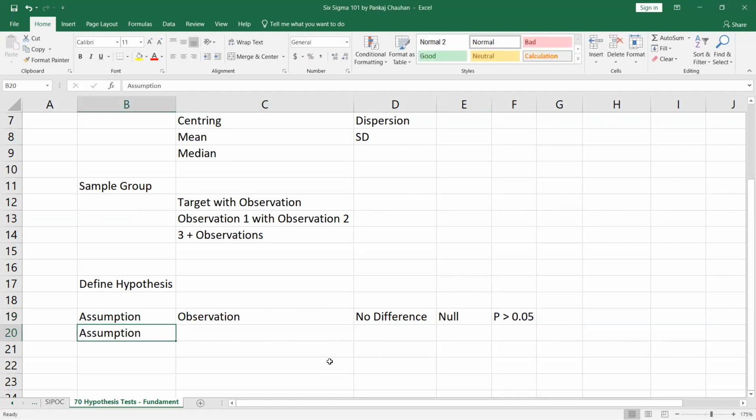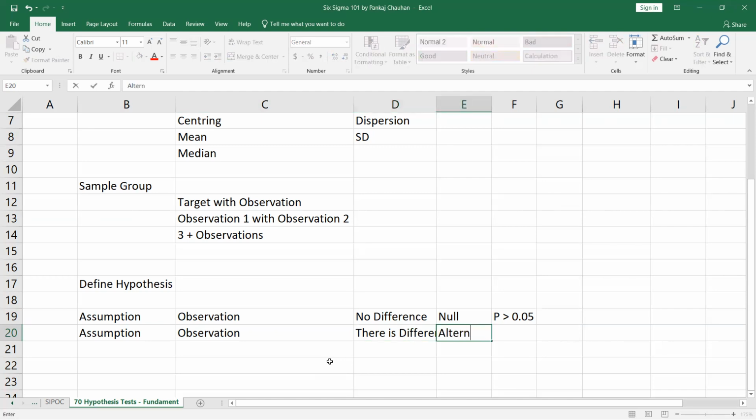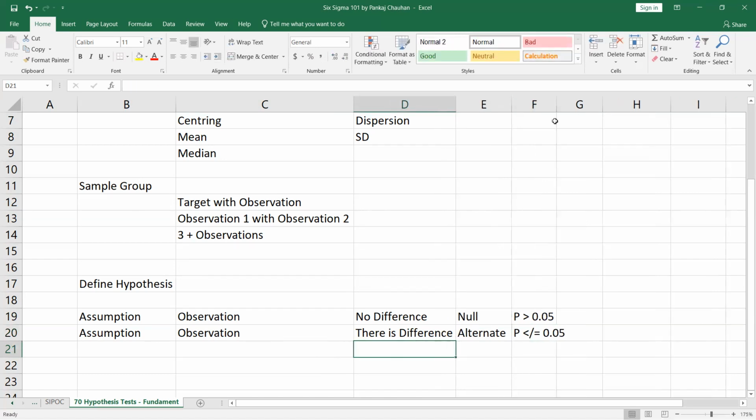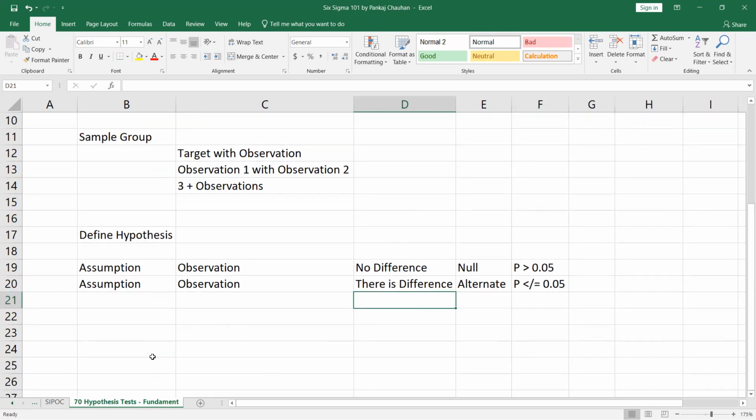If there is a difference between the assumption and the observation, which means they are not the same, then it's an alternate hypothesis and the p-value will be less than or equal to 0.05 at 95% confidence level. Based on this, we take our decision.